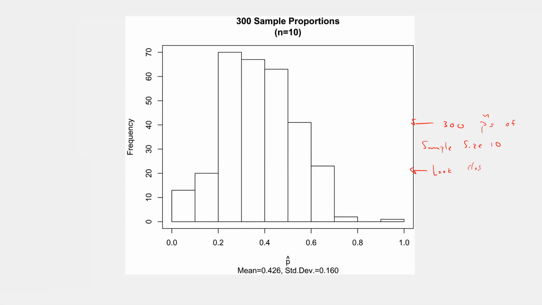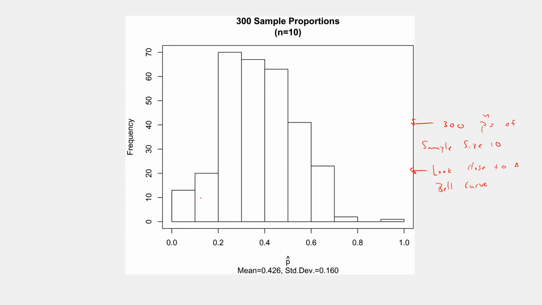It looks close to a bell curve, right? Is it perfect though? Does it look exactly like a bell curve? You notice that it looks a little skewed, right? It's somewhat bell-shaped, but it's definitely not great.